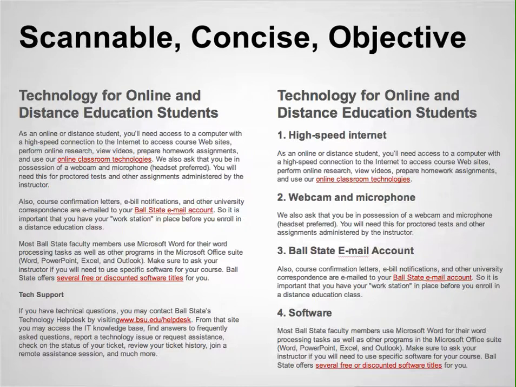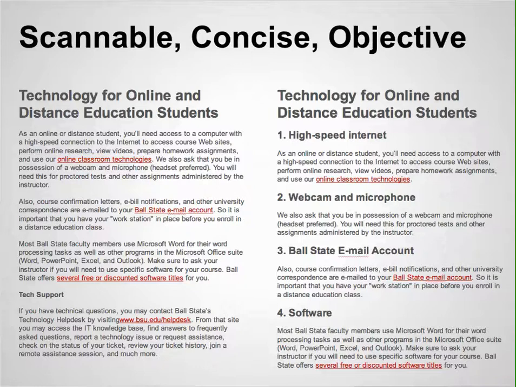On the right, by making it scannable, concise, and objective, you can pretty much understand what you need within 6 to 8 seconds. So you're going to the site, think about you're an online student, and you're going, okay, what technology do I need? High-speed internet, webcam and microphone, Ball State email account, software. Okay, simple, easy breezy. In 6 seconds, I understand pretty much exactly what you need me to get.